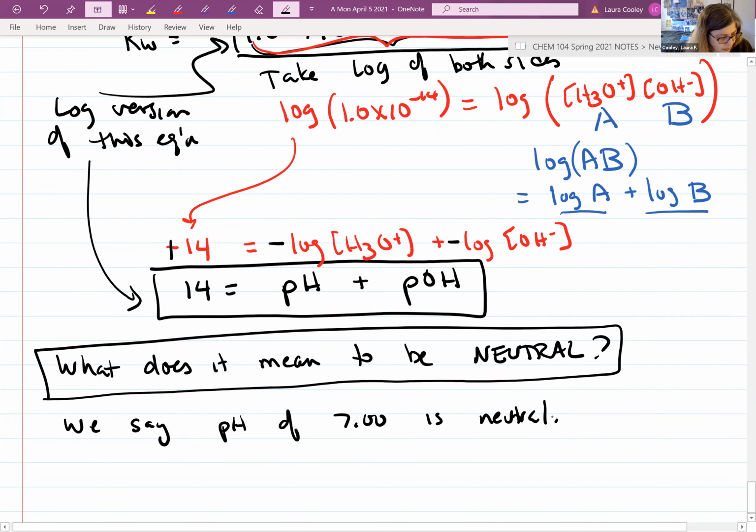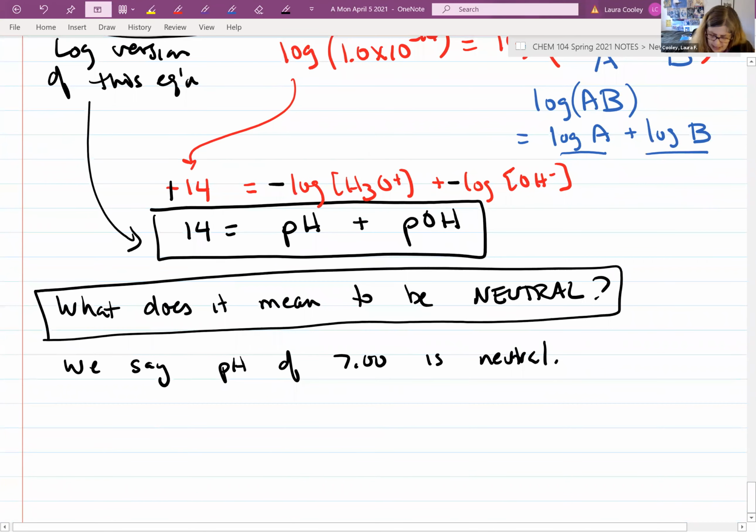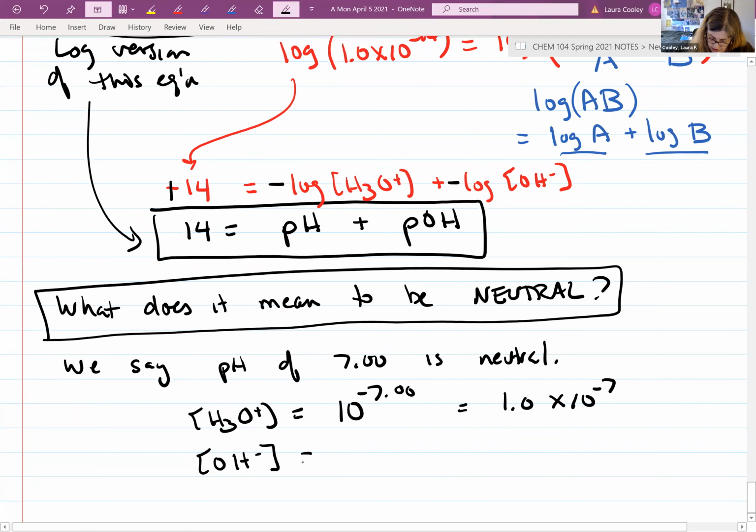What does this even mean? A pH of 7 would mean that the H3O plus concentration is 10 to the negative 7, which is 1 times 10 to the negative 7th.